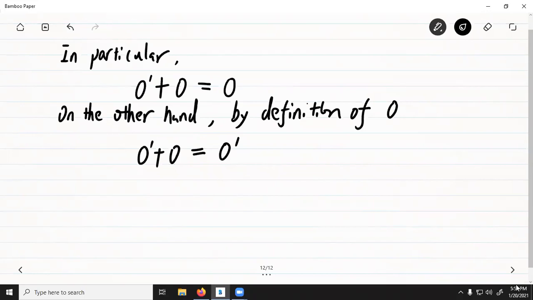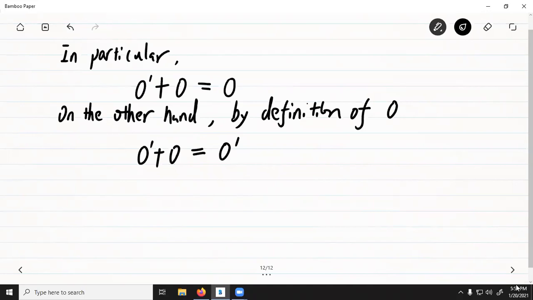Now we still use this expression, but we treat 0 as the additive identity, because we already know this is the additive identity, which we denote by 0.